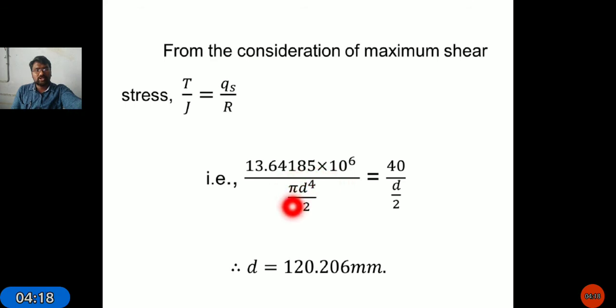J is pi by 32 d power 4, the polar moment of inertia for a solid circular section. QS is given as 40, and R can be written as D by 2. By simplifying this equation we get the value of D as 120.206 millimeters.